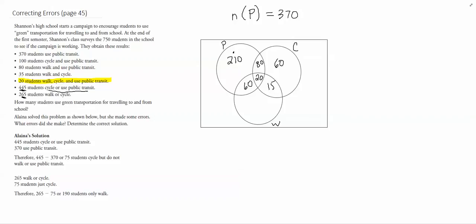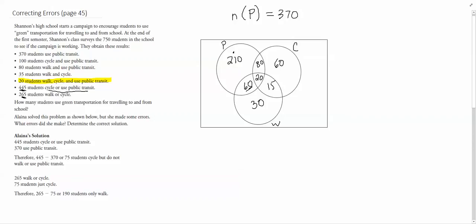And that leaves me with 90 people who walk. But of those 90 people who walk, we haven't accounted for the 60 who use public transit, and so 90 minus 60 leaves us with 30. Okay, so we now have 30 students that walk only.